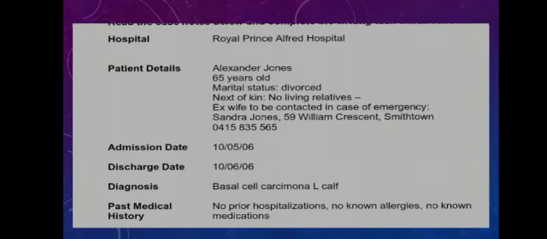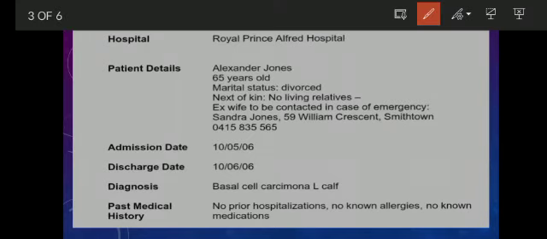When we look at the case note, the hospital name is given, Royal Prince Alfred Hospital. Patient details: Alexander Johns, 65 years old, marital status divorced, next of kin no living relatives, ex-wife to be contacted in case of emergency, and her address is given.